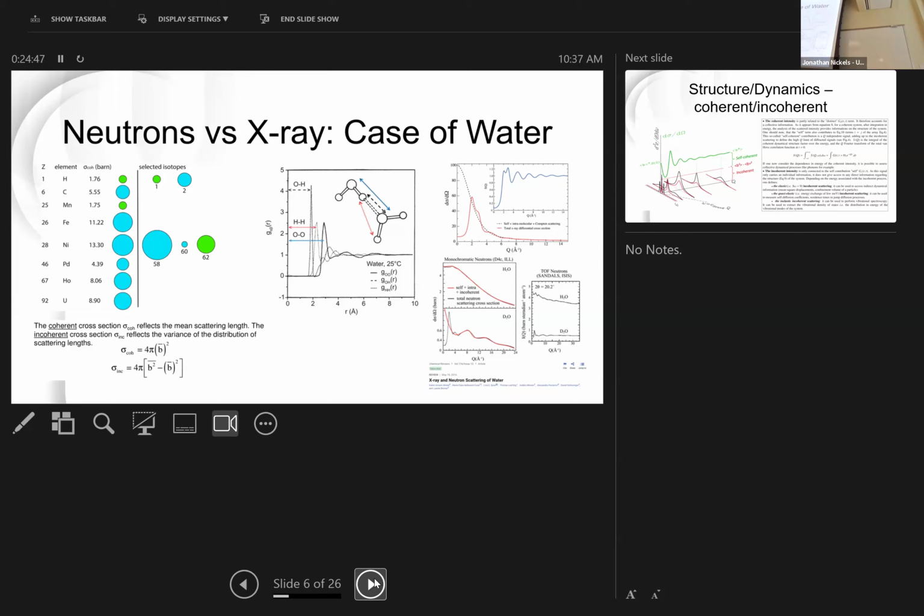And the most relevant to us is hydrogen. So hydrogen, typically something like 99.7% of elemental hydrogen is a proton, right? So it's just a proton with an electron hanging out. That's hydrogen. But some small fraction of the time you get heavy hydrogen, like deuterium, which is a neutron and a proton and an electron hanging out.